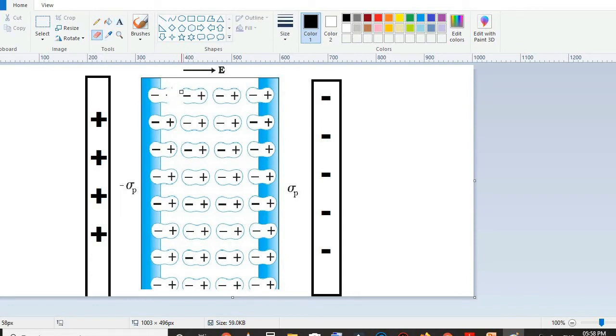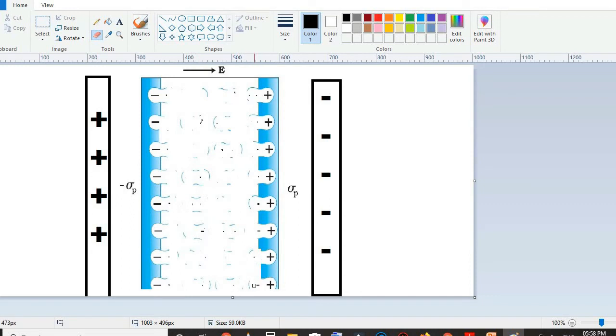Similarly, this positive and negative charge effect is cancelled. Finally, we will get charge only on the outer surface of the dielectric medium.